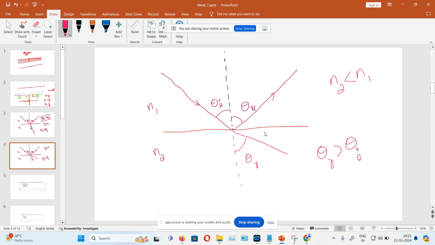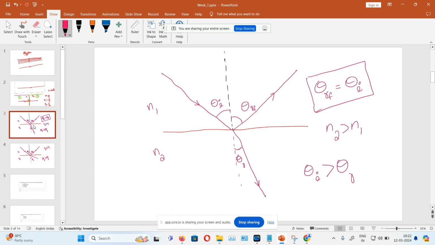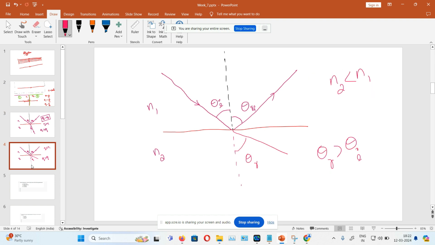Okay, here actually we have two relations. One, we have theta i is greater than theta r. Here theta r is greater than theta i. So depending on what kind of transmission is happening at an angle, and on the nature of the medium, we can say that it will bend towards the normal or bend away from the normal.